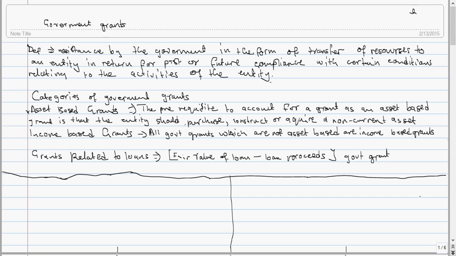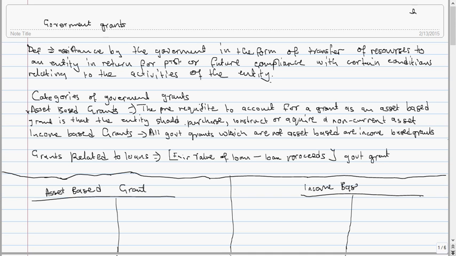On this side I'm going to have asset-based grants, where there are two ways of accounting, and here I'm going to have income-based grants. These two are our focus in this lesson.